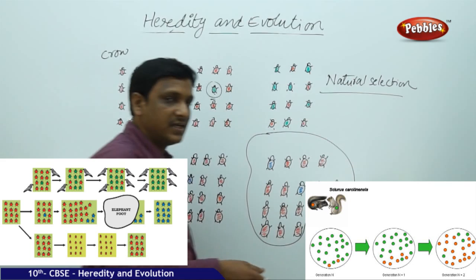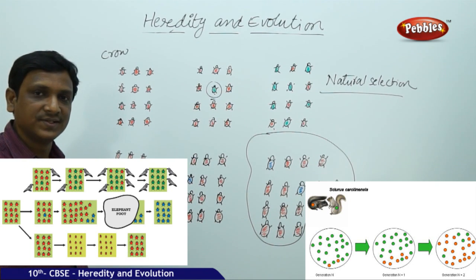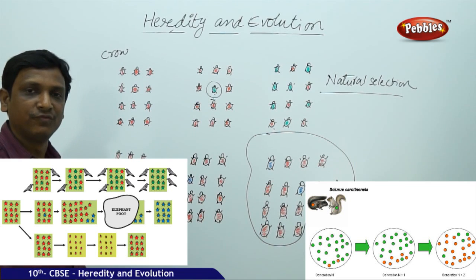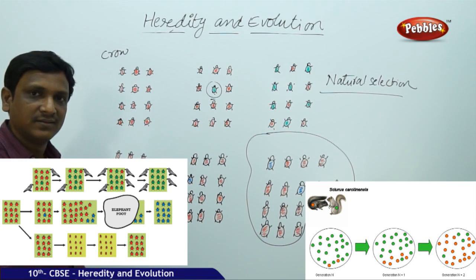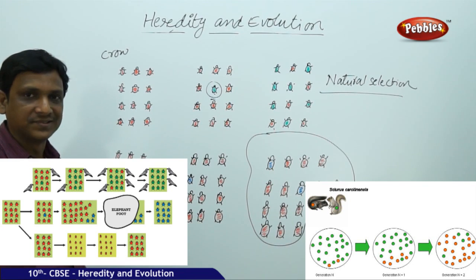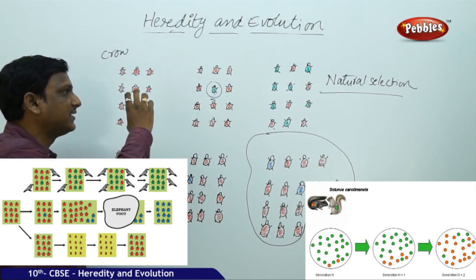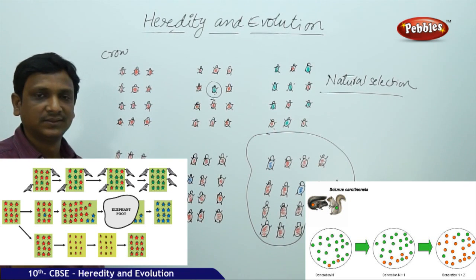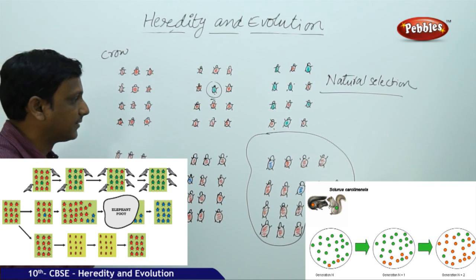That means even though the variations are not helpful, not adaptations, in some cases the variations are passed on. It doesn't mean that only the helpful variations are passed. So evolution takes place with adaptation, and without adaptation also, that we can observe here.